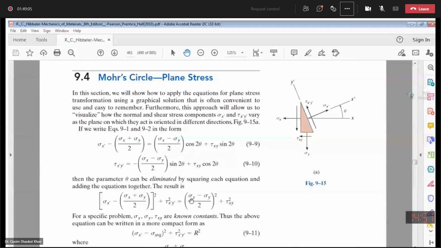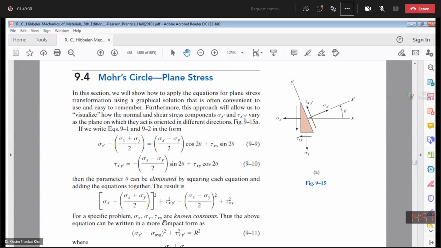So now you see sigma x minus sigma y over 2 square plus tau xy square. Okay? Now if we simplify this, sigma x plus sigma y over 2 is your average normal stress, which we have just said will also be there on the shear plane. So I am replacing it with sigma average.